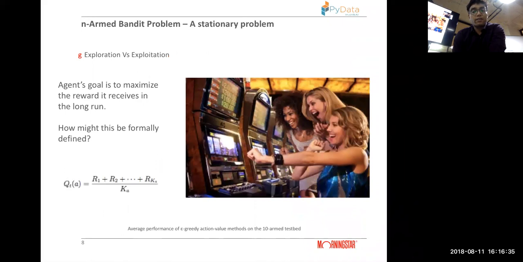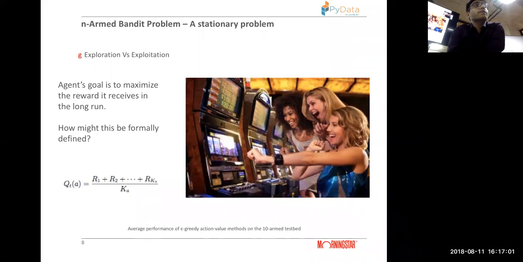So let's assume that we are going to pull the lever k times on every machine, and so the average reward is going to be the summation of these rewards divided by k. And there comes the concept of exploration versus exploitation. Exploration means that I want to try out different slot machines frequently, so I'm exploring.